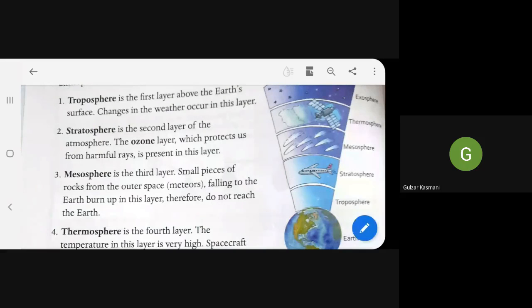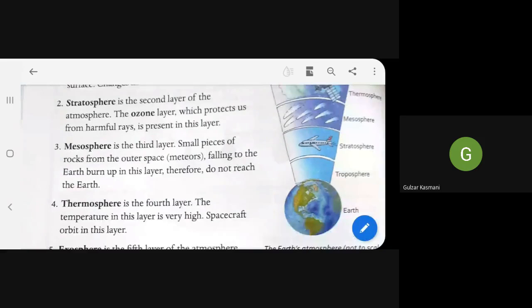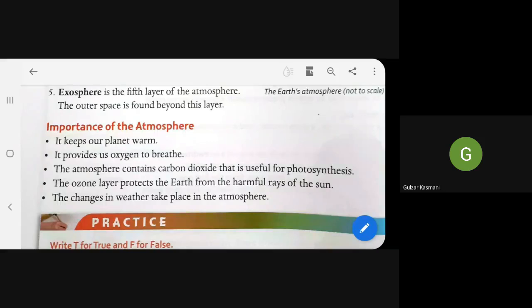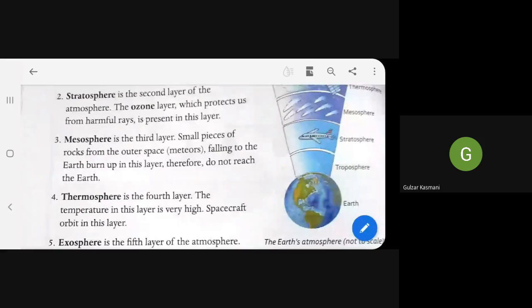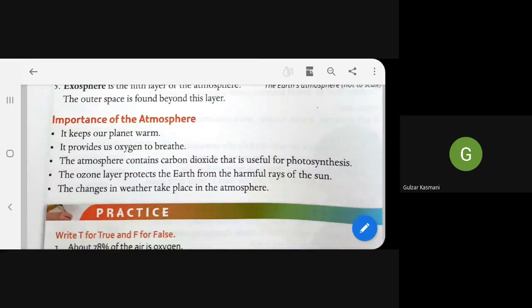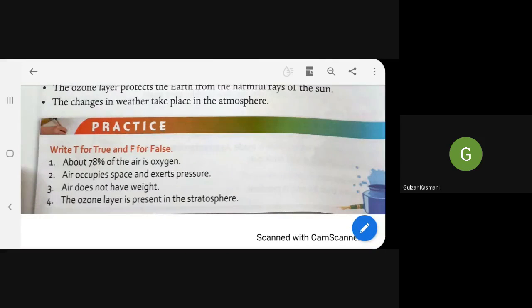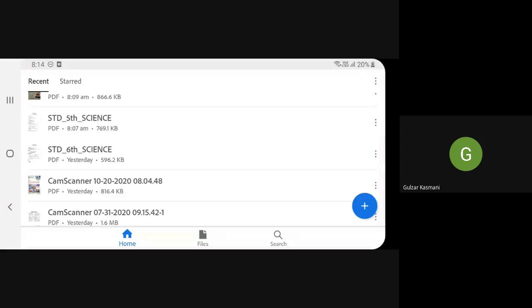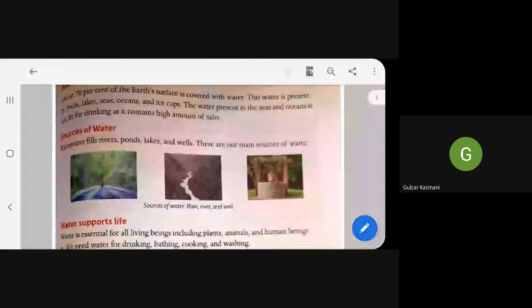They are as follows: troposphere, stratosphere, mesosphere, thermosphere, and exosphere. Now, after getting to know about the different layers of the atmosphere, we had learned about the importance of atmosphere. Correct?